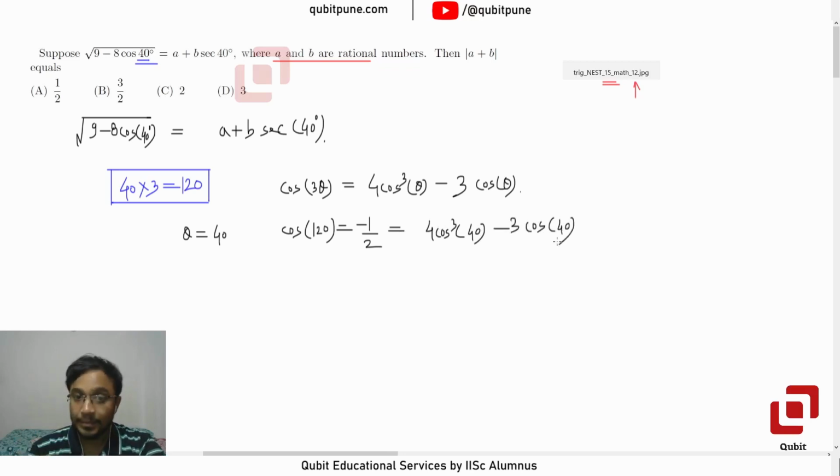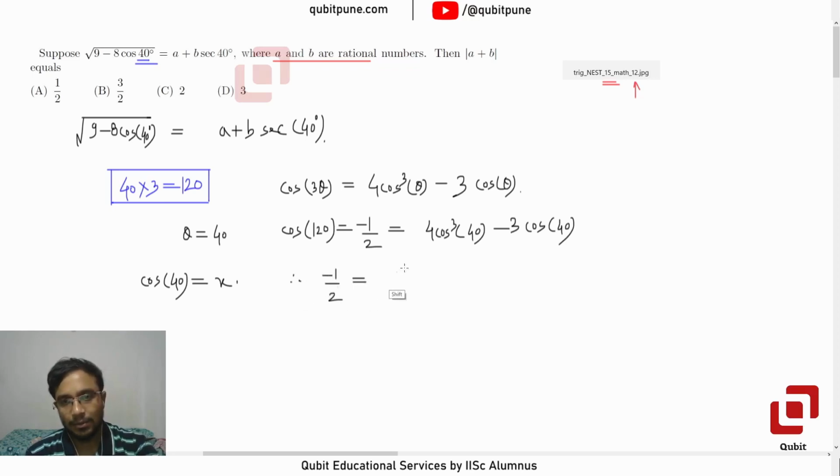Now let us suppose that cos 40 is x. You can call it x, but we know it is not any unknown. So we get negative 1 upon 2 is equal to 4x cubed minus 3x.